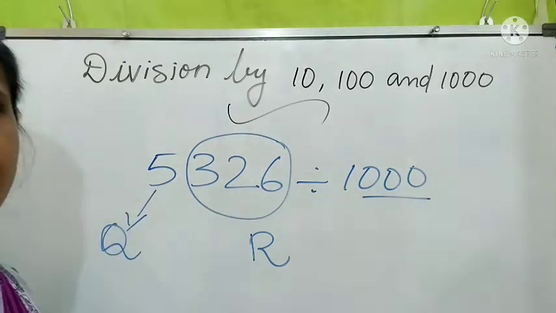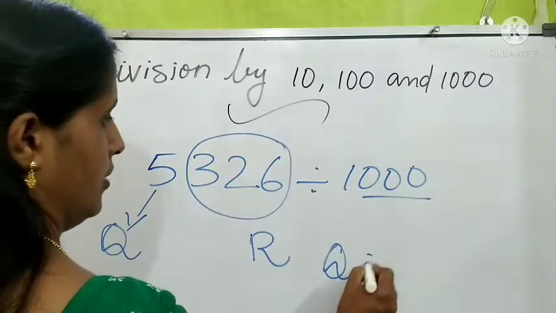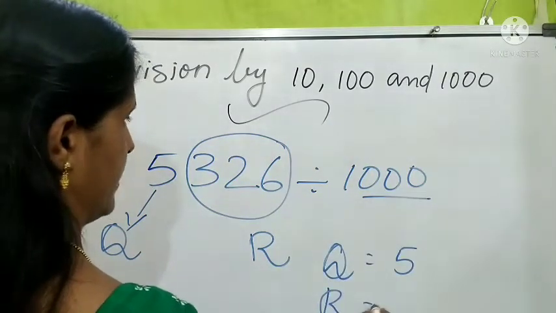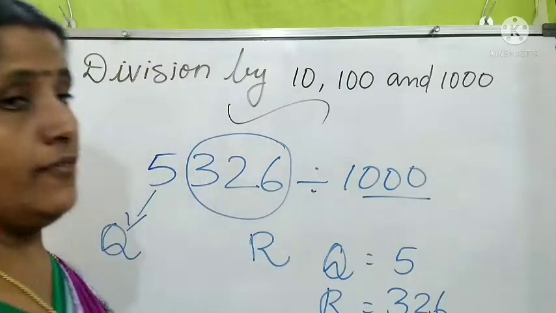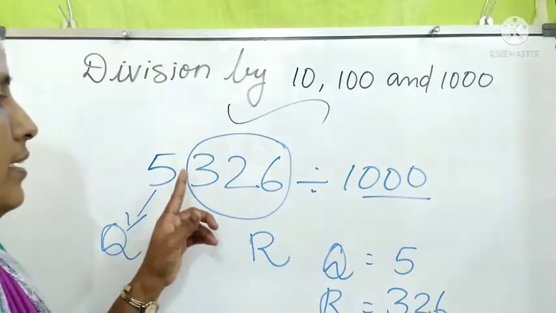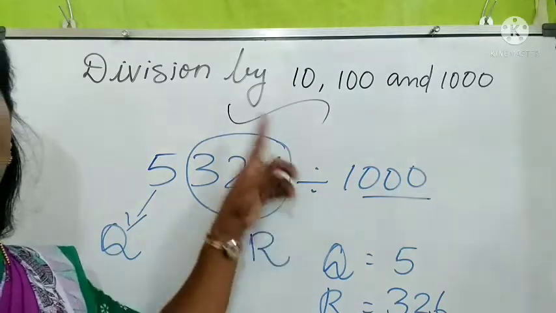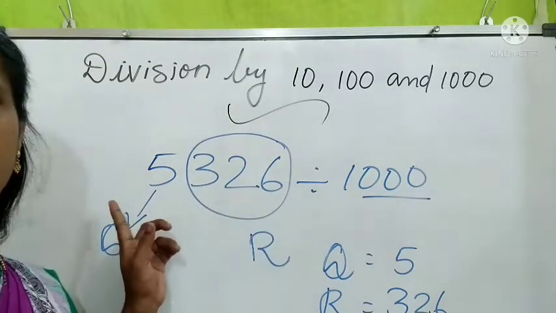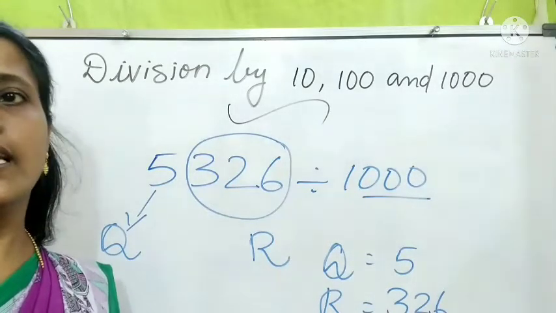So this is the easiest way to find out the answer. So the quotient is equal to 5 and the remainder is equal to 326. When we are dividing by 1000, the last three places, that is hundreds, tens, ones, form the remainder and the remaining digits form the quotient. Understand all of you? Let's watch the video.